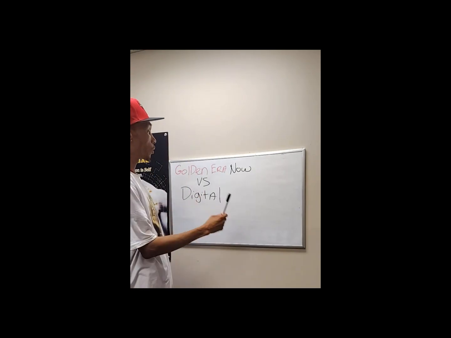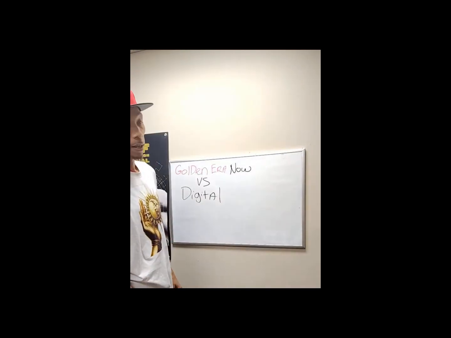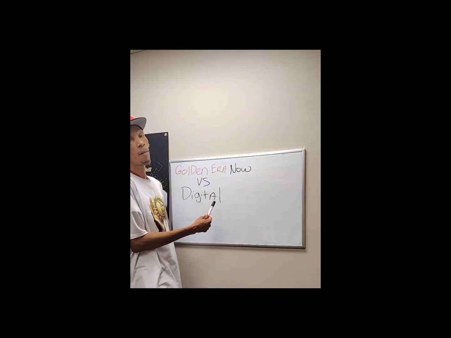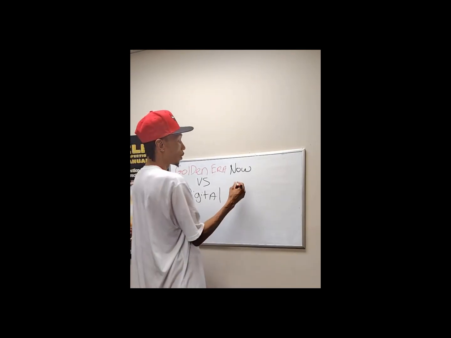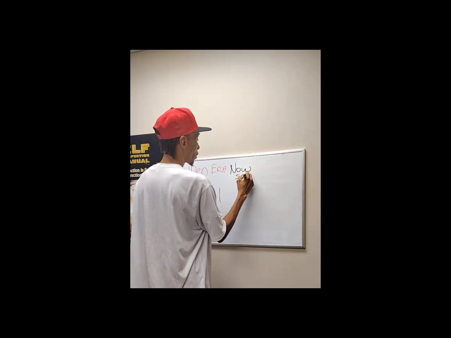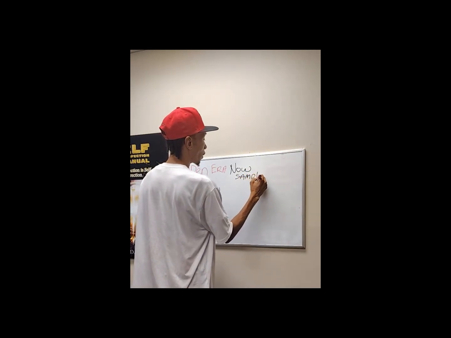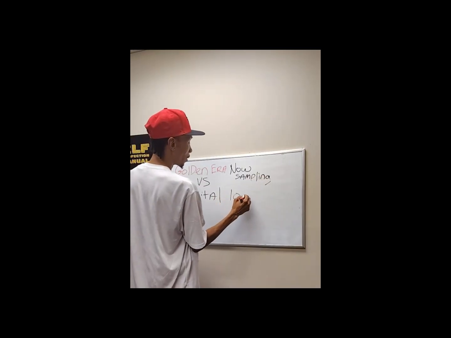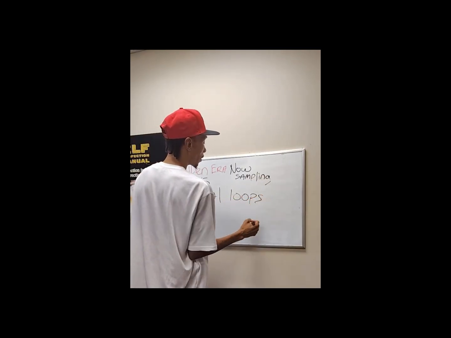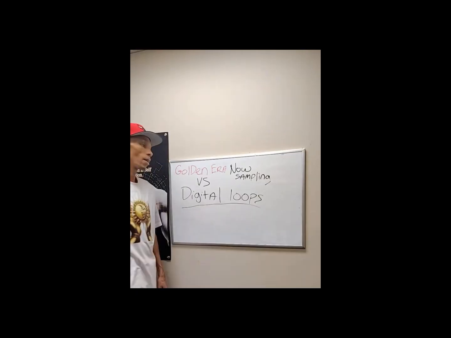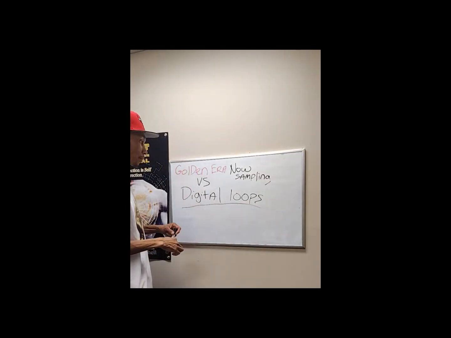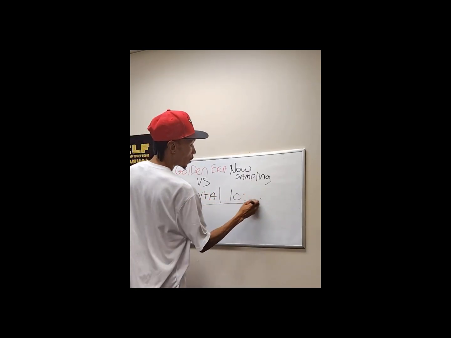I know, Rhyme Clinic, we still use records and hardware. So first we're going to start off with the golden era, golden era sampling versus digital loops. That's what we're talking about today.